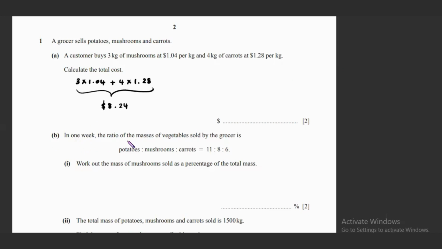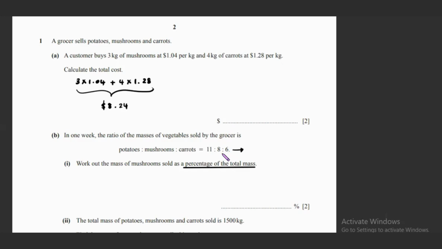In 1 week, the ratio of the masses of vegetables sold by the grocer is potatoes to mushrooms to carrots is 11 to 8 to 6. What is the mass of mushrooms sold as a percentage of the total mass? In this case, they have given us a ratio. So first we need to add these numbers together and see the total number of parts.